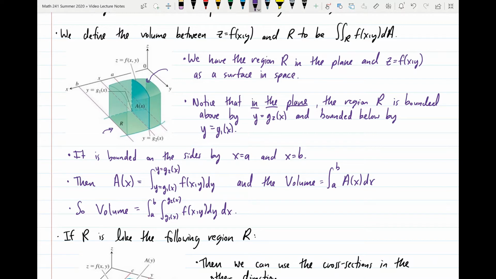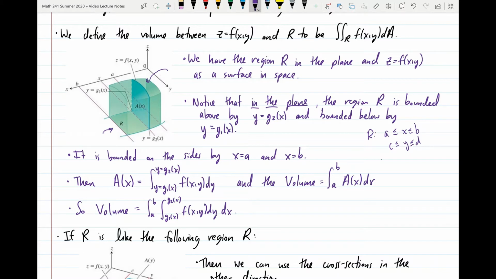So in section 15.1, because we were worried about rectangular regions alone, the rectangular region would be given as R where x would be between a and b, where a and b are some constants, and then y is going to be between c and d, where again c and d are some constants. In this case, our region R is defined so that y has to be between two functions.